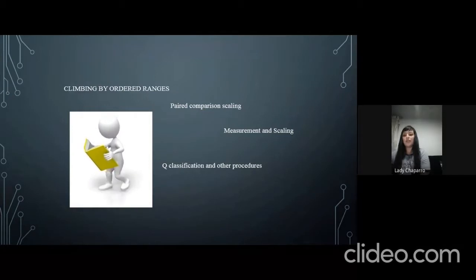Scaling involves the creation of a continuum on which the measured objects are located. In market research, numbers are usually assigned for two reasons. First, the numbers allow a statistical analysis of the data obtained.